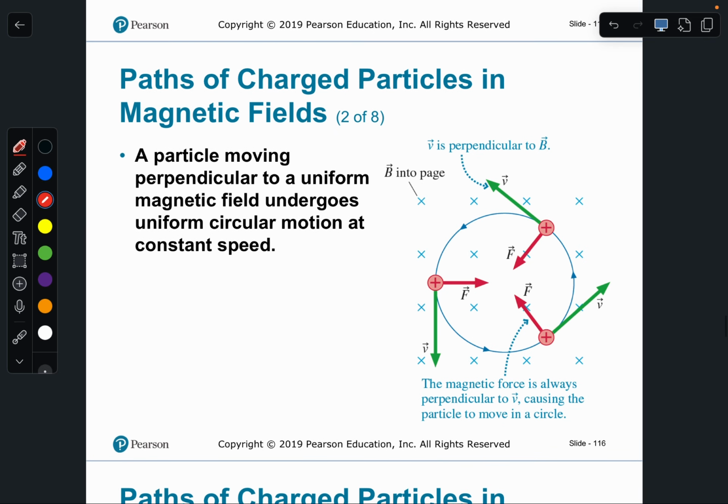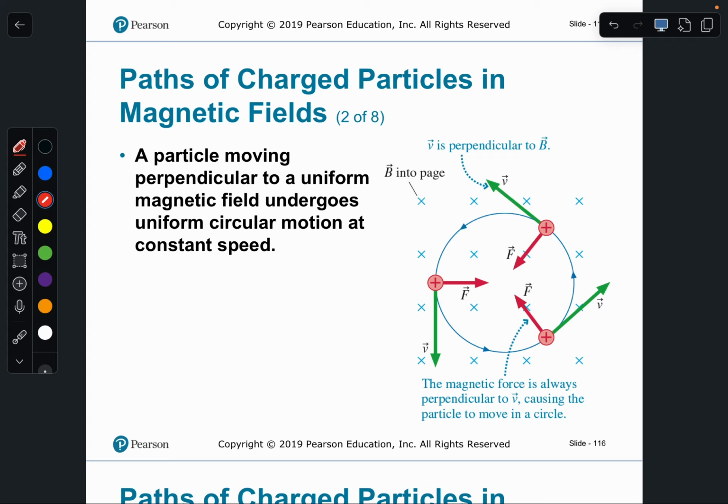A particle moving in a magnetic field is going to constantly feel a right turning or a left turning force. It's going to constantly be turning, and therefore it's going to be moving in a circle, because the way you travel in a circle is you constantly make a left or a right turn. That's how you move in a circle.